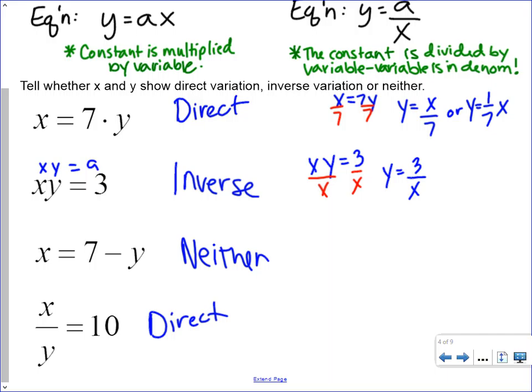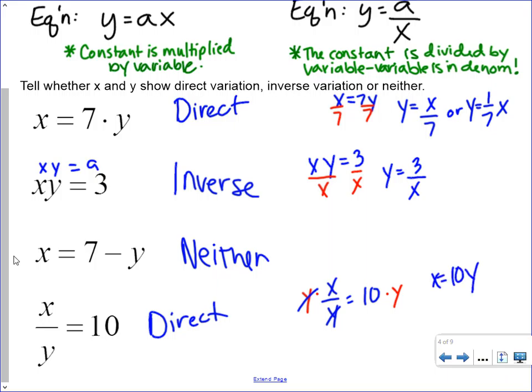The other thing you could do is, just like we did on the other two, solve for one of the variables. In this case, instead of solving for y, I might just solve for x, because I want to multiply both sides by y, and that will get me x equals 10y.